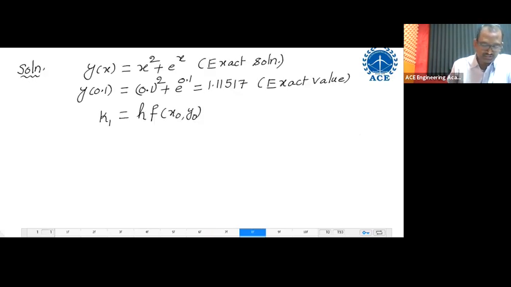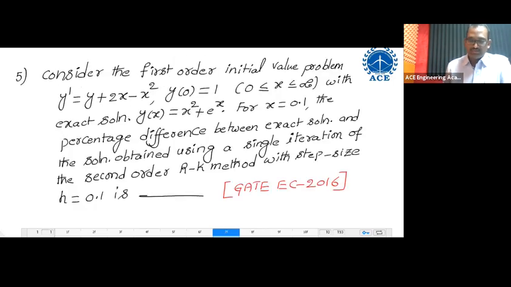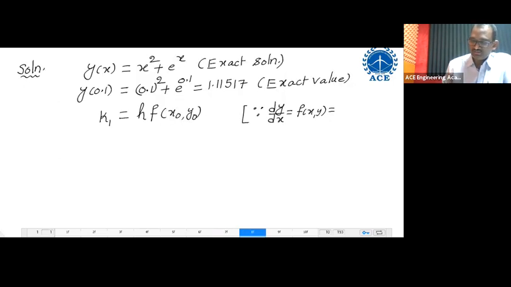Look here, I'll write here. dy by dx is equal to f of x comma y is equal to y plus 2x minus x square.